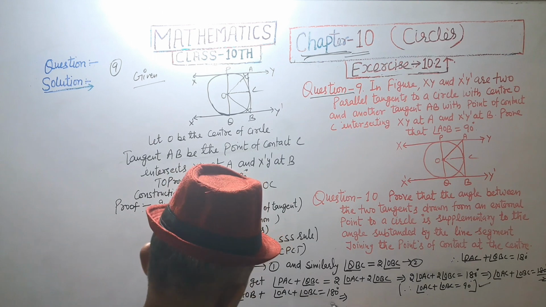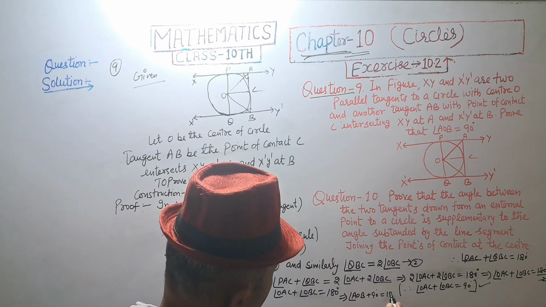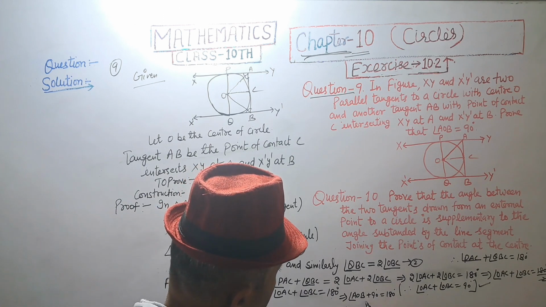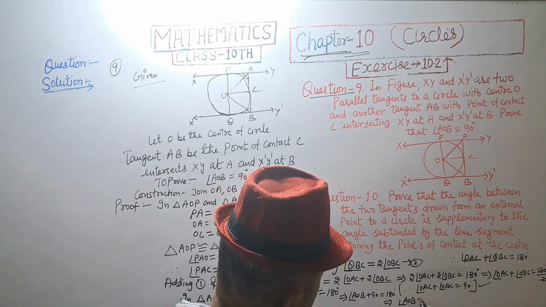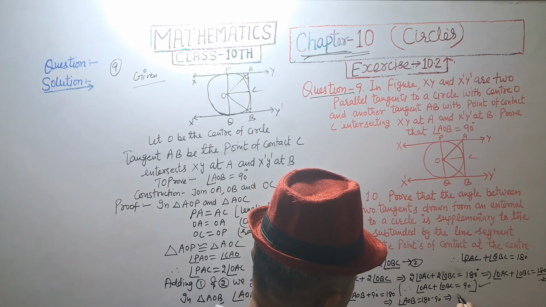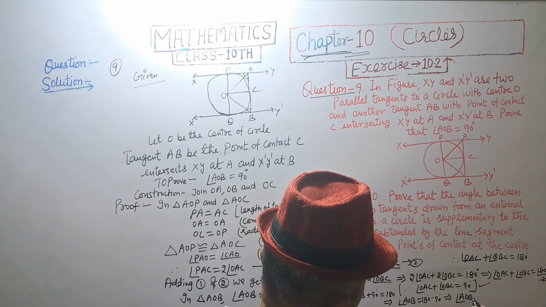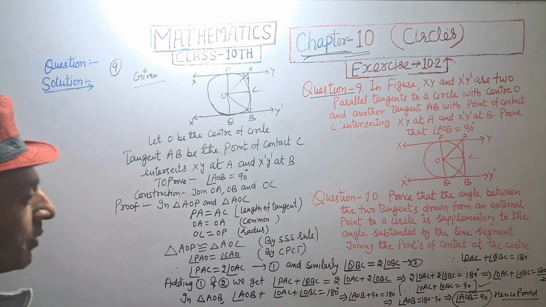This implies angle AOB plus 90 degrees is equal to 180, so angle AOB is equal to 180 minus 90, which is 90 degrees. Hence proved.